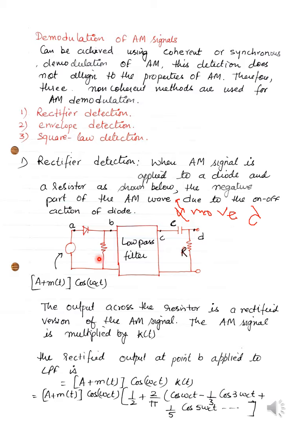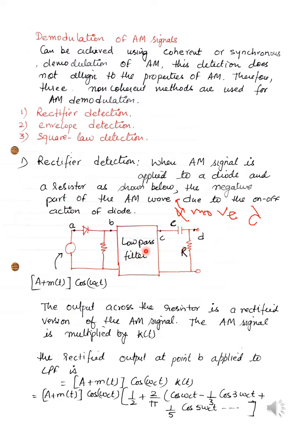So A plus mt cos omega ct means at the receiver the signal received is this. It will be applied to a diode, again a resistance, and there we were using a band pass filter, here we are using a low pass filter. A band pass filter allows a particular band of frequencies to pass and the remaining are blocked.